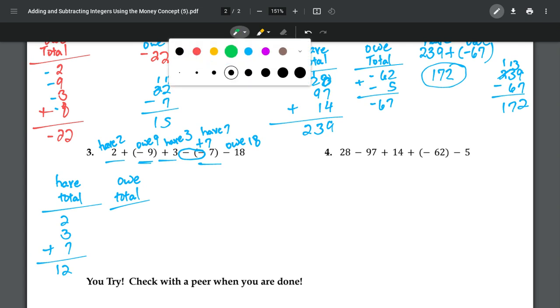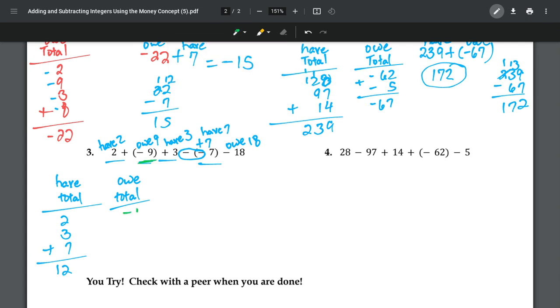You also owe me 18. I'm going to put that 18 on top so I can add, putting the longer numbers on top here. 18 plus negative 9, 7, carry the 1. So you owe me 27 bucks, okay? You owe me 27 bucks, but you have 12.